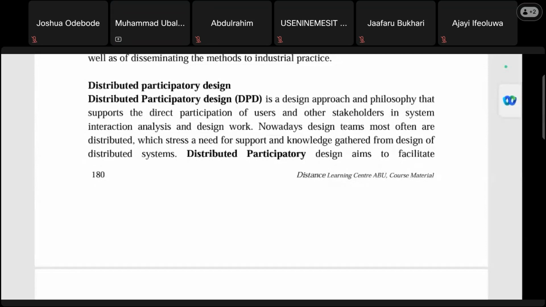Now, what this means is that it supports collaboration among geographically distributed teams, meaning that even people who are not geographically available can actually be involved in the system development phase. I'm very sure some of you are aware that there is a particular platform called GitHub.